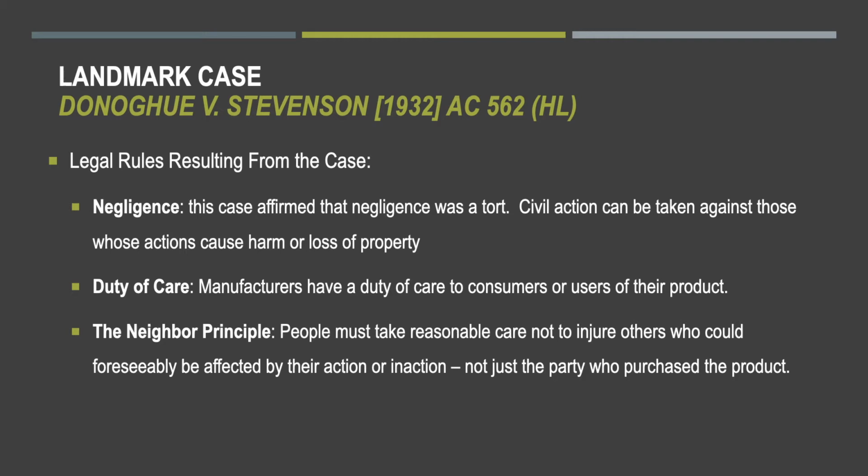Before, the manufacturer only had a relationship with the buyer, and so the restaurant or the store. And then finally, this case established something called the neighbor principle. It says that people must take reasonable care not to injure others who could foreseeably be affected by their action or inaction, not just the party who purchased the product.